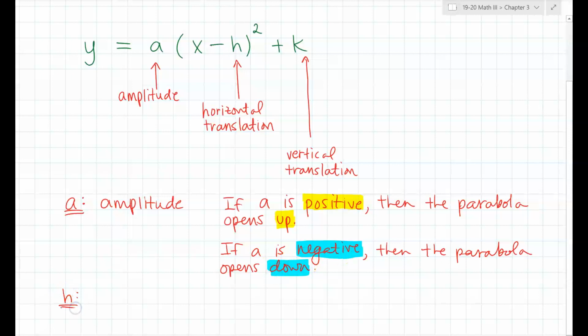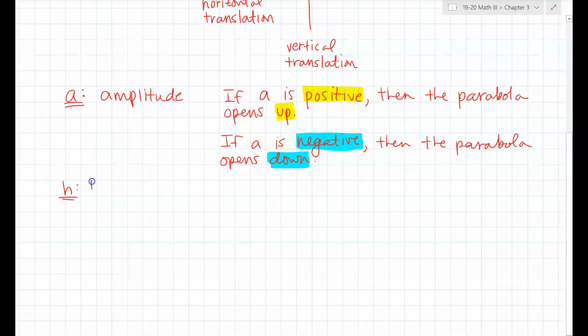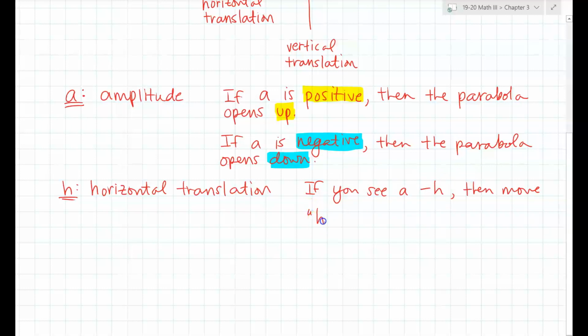The H term. This is our horizontal translation. So that tells us whether it goes left or right. So if you see a negative h, then move h units to the right.